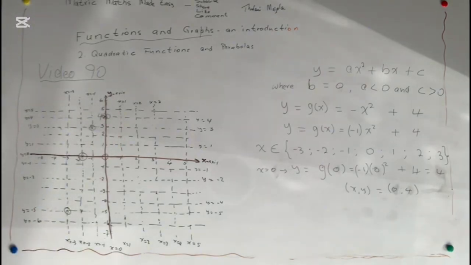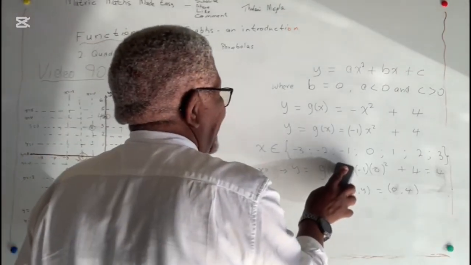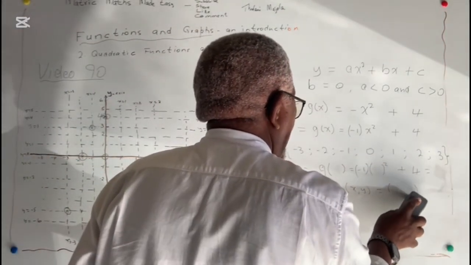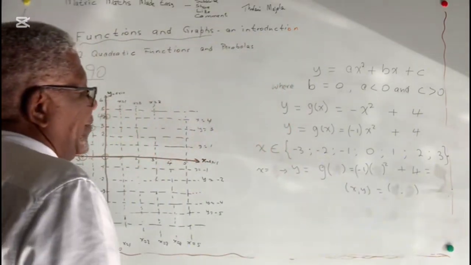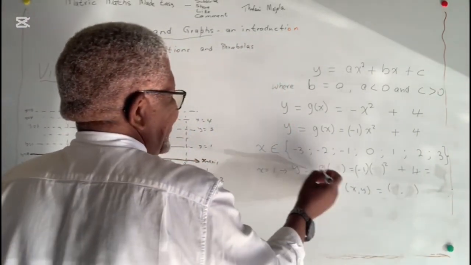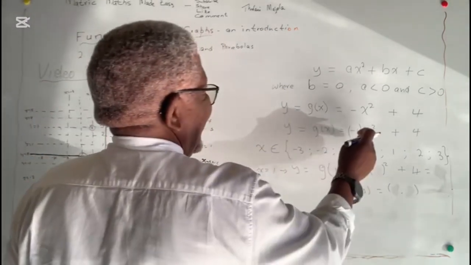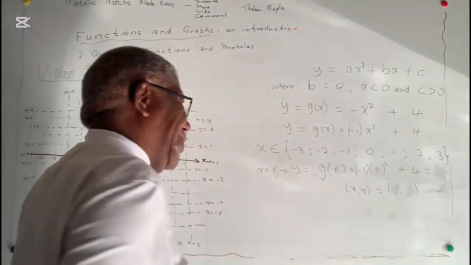Then we move on now to x equals 1. It's going to be g of 1. g of 1 is negative 1 times 1 squared, and 1 squared is 1.